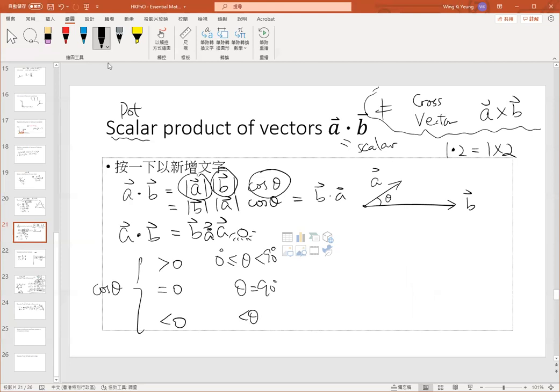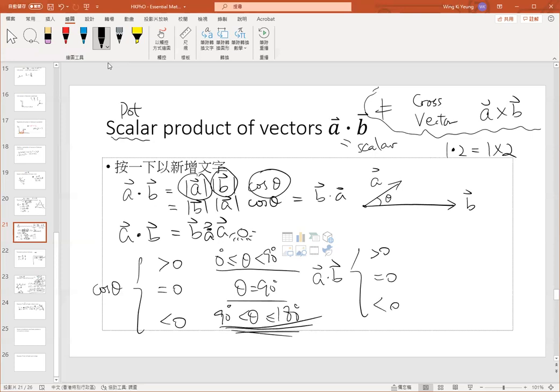If it's greater than 90 degrees but less than 180 degrees, it's negative. So if you're doing the dot product A dot B, it's positive if the angle is in this range, 0 if it's 90 degrees, and negative if the angle is in this range. One very important result is that if vector A and vector B are perpendicular to each other, then A dot B becomes 0, because cosine 90 degrees equals 0.